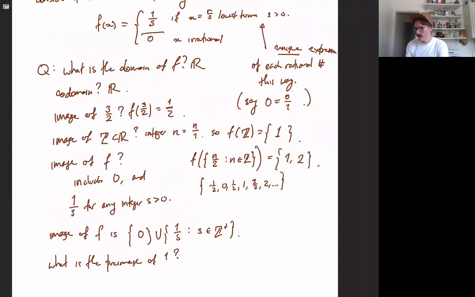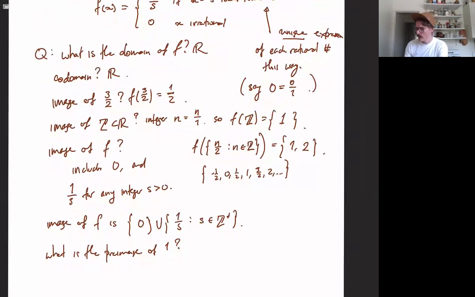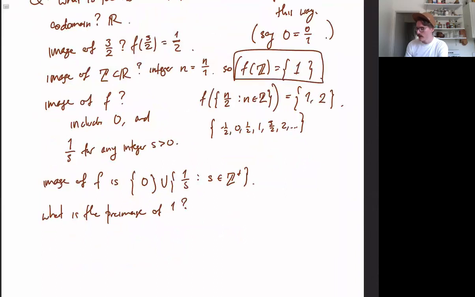So what is the preimage of 1? Well, this part will not affect it, so we can ignore that. This part, how do we get a 1 out of this? It's when our rational number in lowest terms has a 1 in the denominator. And that is exactly when it is an integer. So I guess we saw before that the image of the integers is 1. And the opposite way, it's also true.